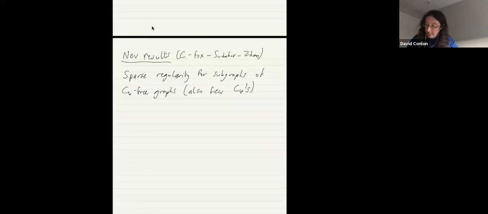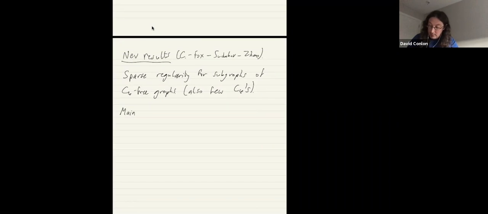So the main result is essentially the following. It's a counting lemma for C5s in graphs with few C4s.